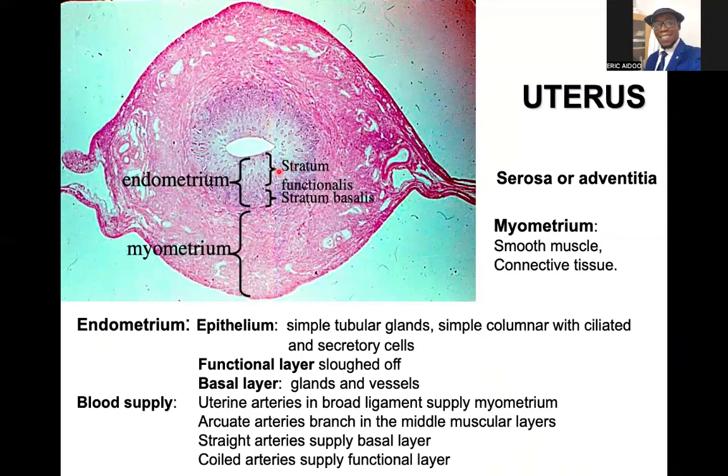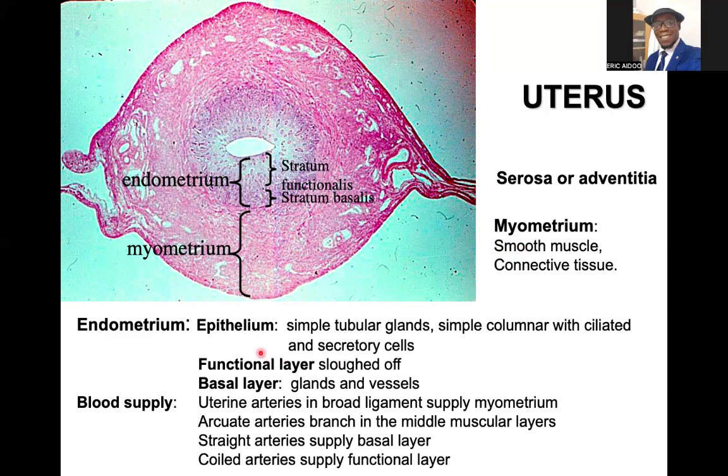In the uterus, you have two major parts, the endometrium and the myometrium, and also the perimetrium outwardly. The endometrium is made up of the stratum functionalis and stratum basale, which contains a lot of the glandular portions of the uterus. The myometrium, with the serosa or adventitia, is mostly where you have a lot of smooth muscle and connective tissue.